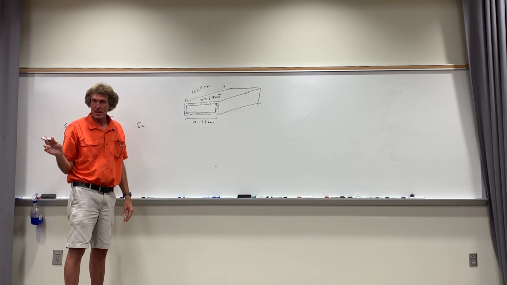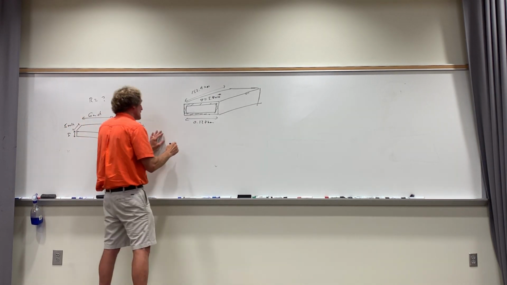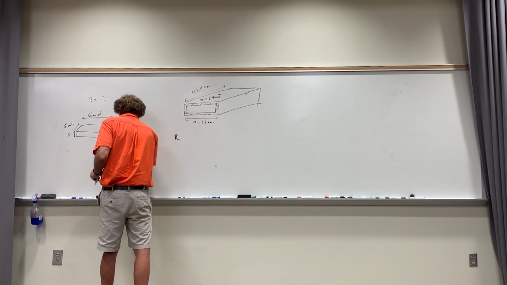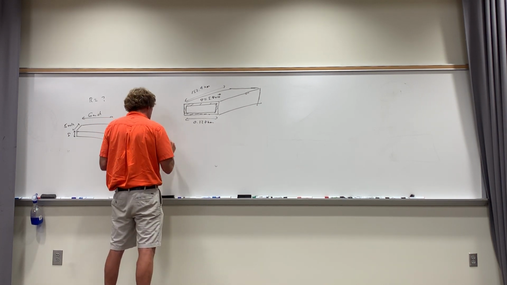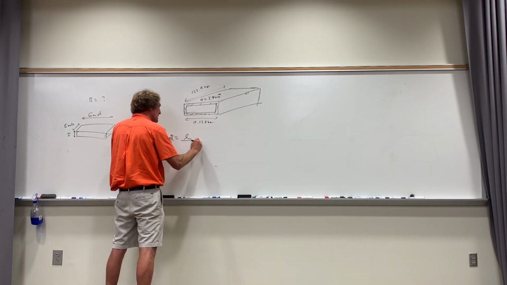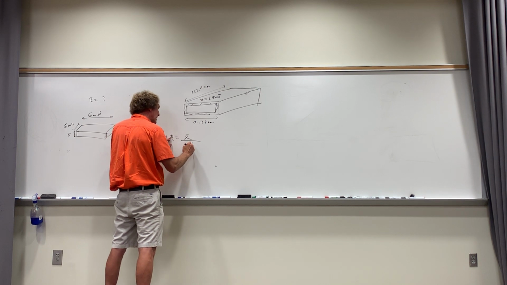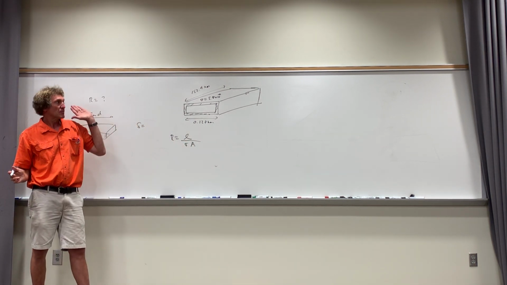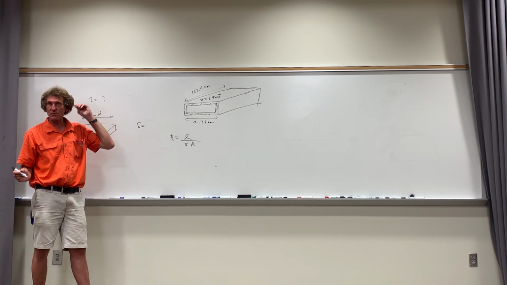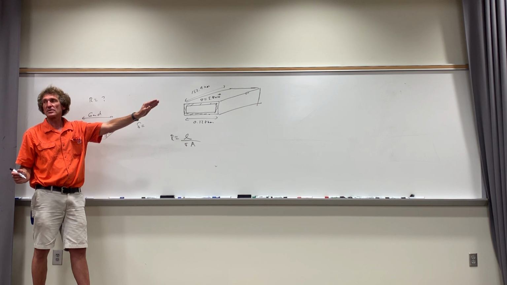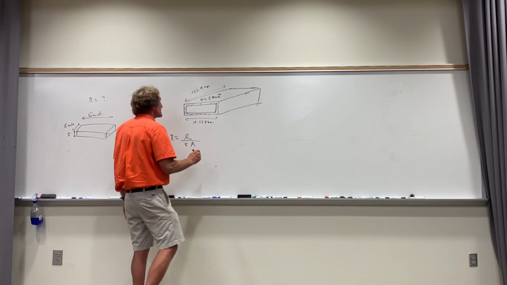Resistance, if you've got a skin depth effect, will be equal to the length, so it's always proportional to length, inversely proportional to area, and inversely proportional to sigma. It's always this for something of constant cross-section where the current's flowing through it. Can you all follow me, class?